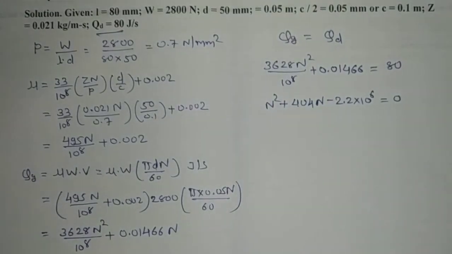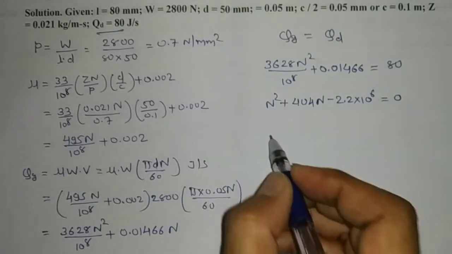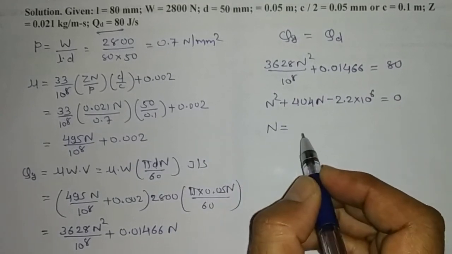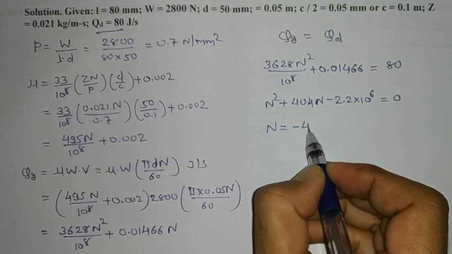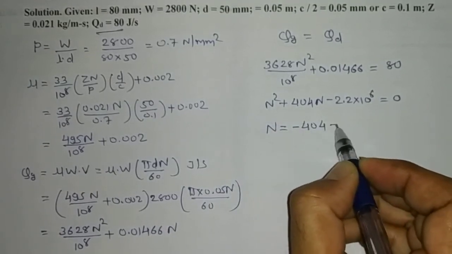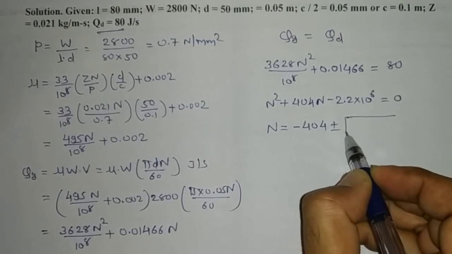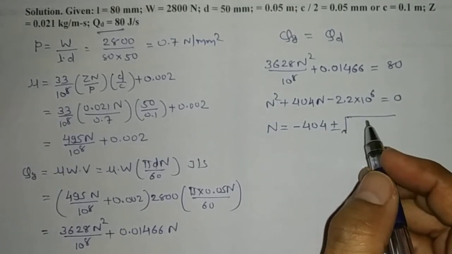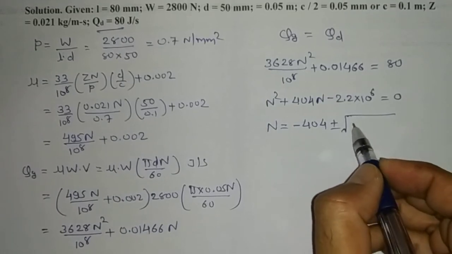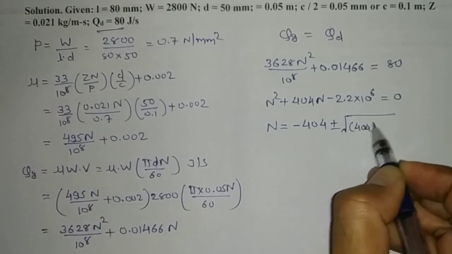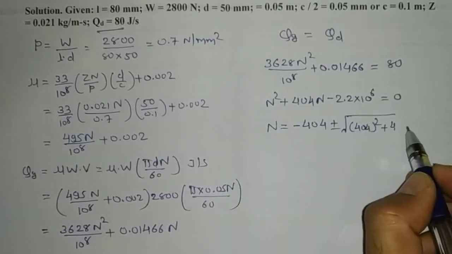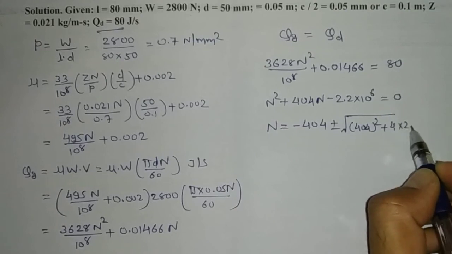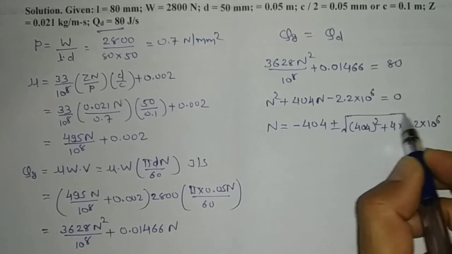Okay, so the value of N you can find by the formula N is equal to minus b plus minus root of b square minus 4ac, by 2a. Here b is equal to 404, a is equal to 1 and c is equal to 2.2 into 10 raised to 6.